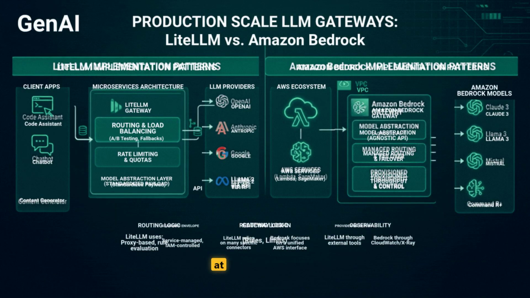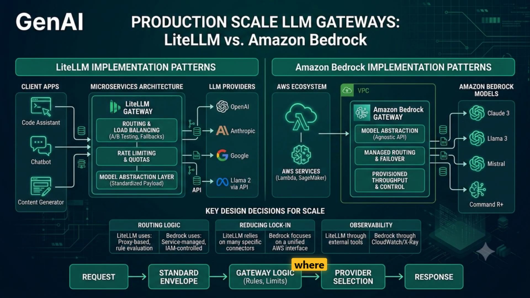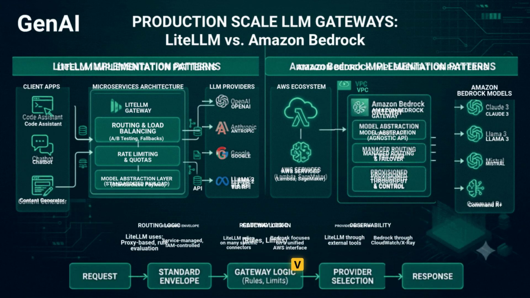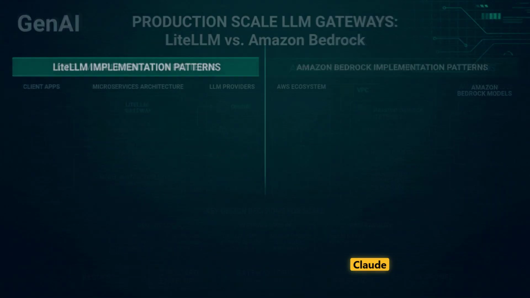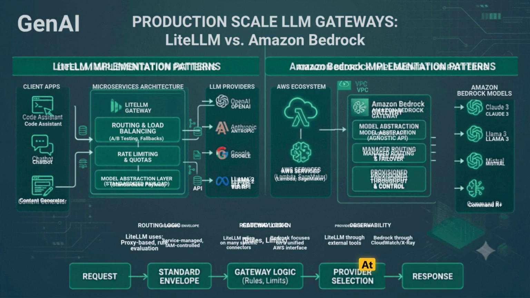Now look at the right side under Amazon Bedrock implementation patterns, where AWS services like Lambda and SageMaker route through an Amazon Bedrock gateway inside a VPC. Bedrock provides model abstraction, managed routing, failover, and provisioned throughput control across enterprise models like Claude 3, Llama 3, Mistral, and Command R+.